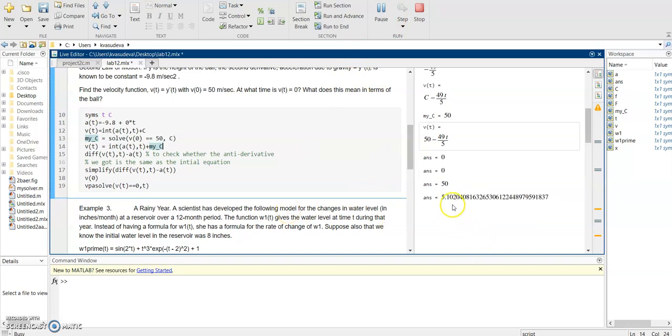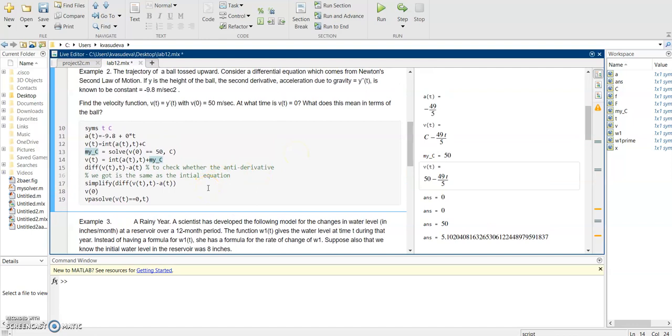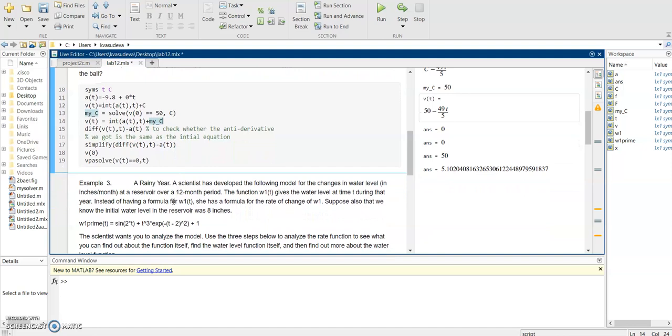So at time 5.102 seconds, your v of t is equal to 0. You can simply check it. Plug t equal to 5.102 into your v of t equation, and the output has to be 0. So that is how you find the t value which makes your function 0. And we have seen this earlier. This is not new.